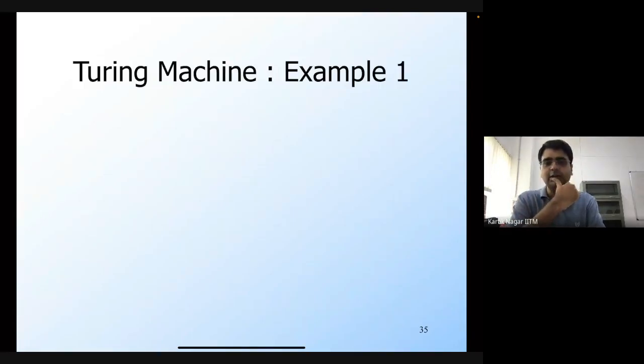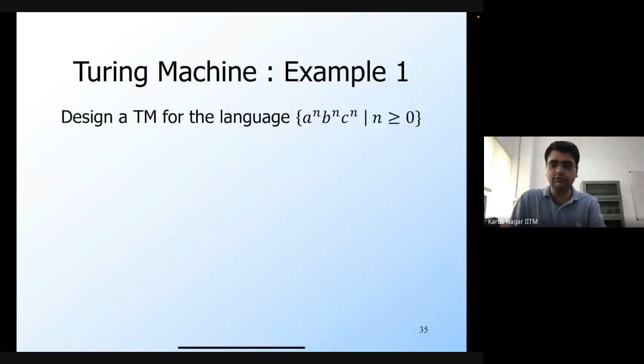So let's look at a couple of examples of Turing machines. We have seen one toy example, which didn't really do anything useful. So let's try to design a Turing machine for a more complex language. Let's design a Turing machine for this language a^n b^n c^n, where n is greater than or equal to 0.